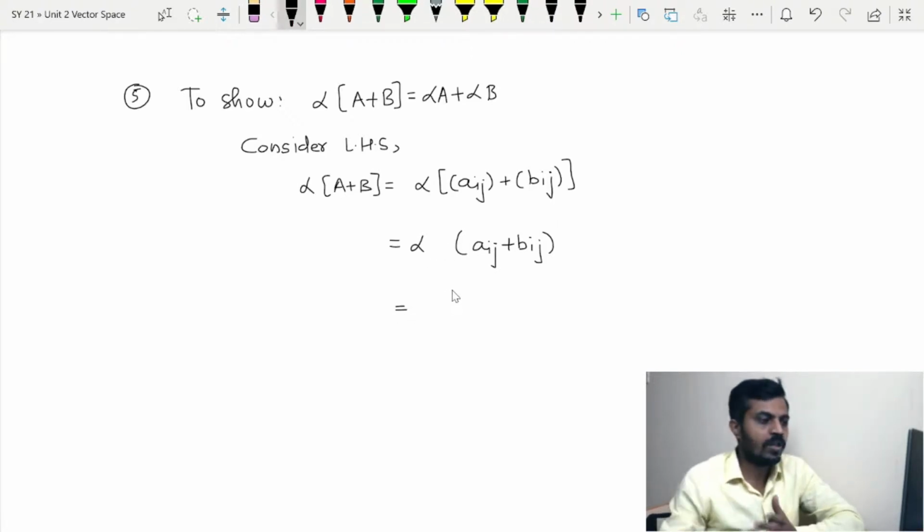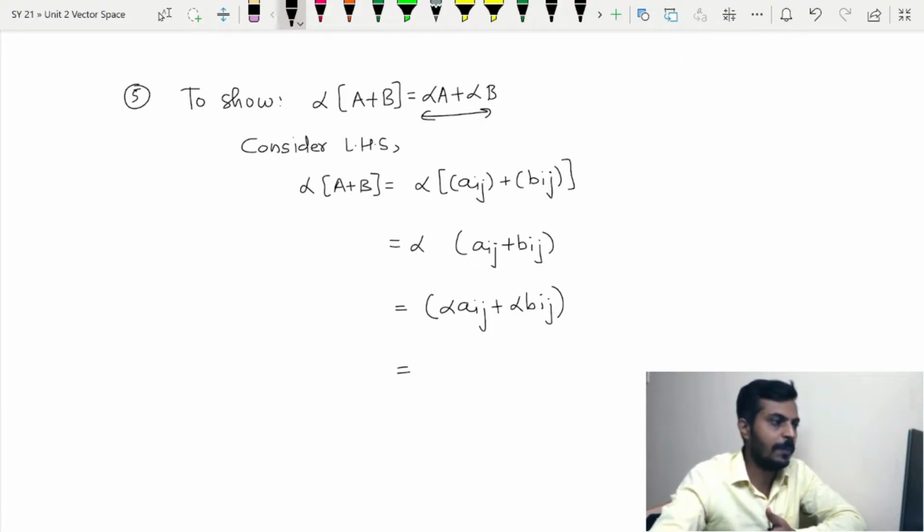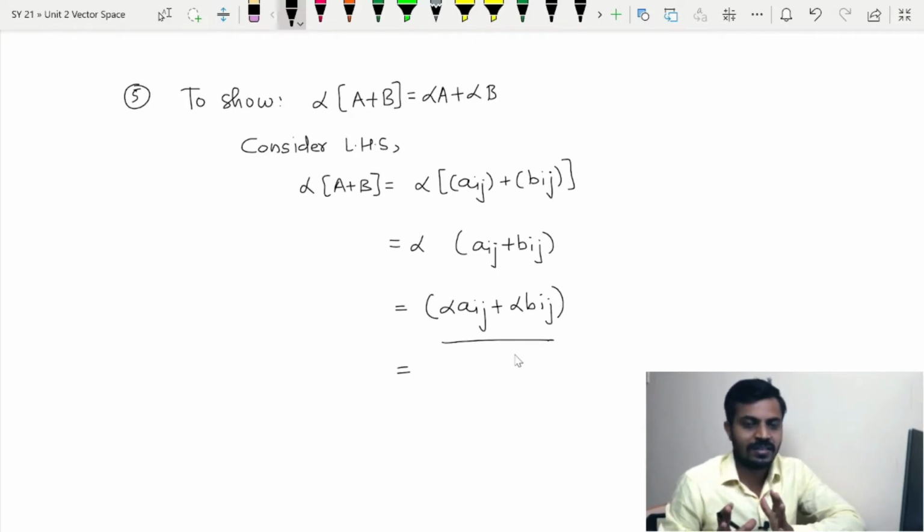Now how to proceed ahead? You can see that a scalar is involved and a matrix is involved. So definitely the definition of scalar multiplication will be used here. We can multiply this alpha inside. If we do it, then this will be alpha Aij plus alpha Bij. Now what we have to prove is that this is equal to alpha A plus alpha B. This is the addition of two matrices, you can easily see.